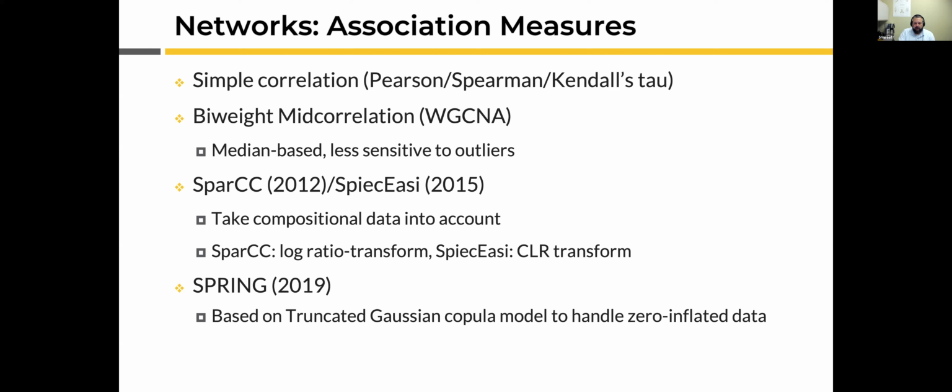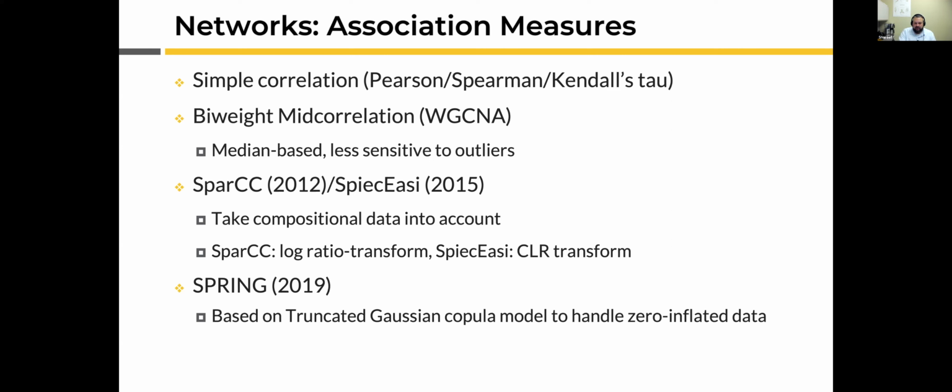This will be one of the topics of Ahmed's talk next week in his advanced ecological statistics lecture. The biweight midcorrelation is median based as opposed to mean based and is less sensitive to outliers.